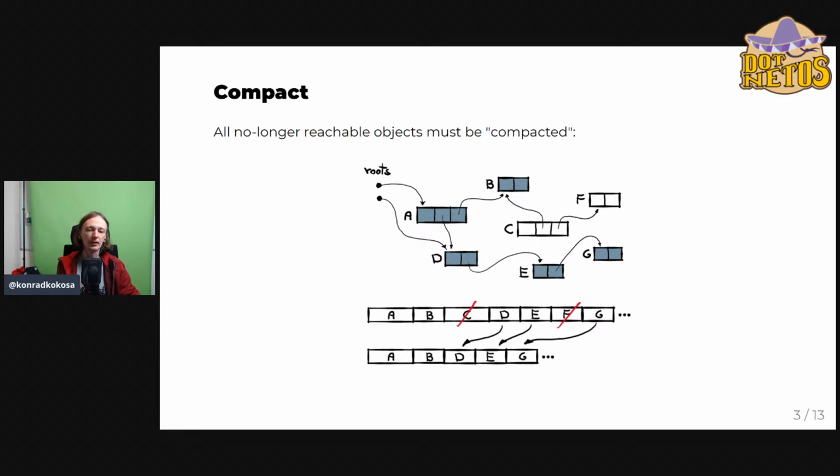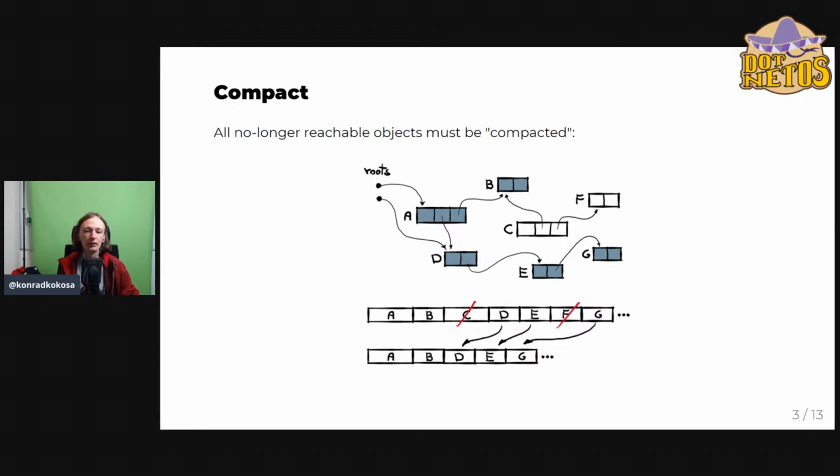Compacting is something like how we would think about reclaiming memory if the objects were Lego bricks. If we have this continuous memory region, and we know that we don't need C and F anymore, we can simply move all the objects together next to each other and get rid of the gaps. Some objects will not be moved, because the ones at the beginning, as we see, will not be moved.